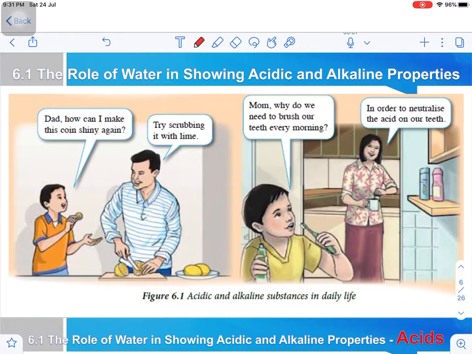And then the son asks his mom, why do we need to brush our teeth every morning? Why? Because we need to neutralize the acid in our teeth. And you know that what we call toothpaste is alkaline.